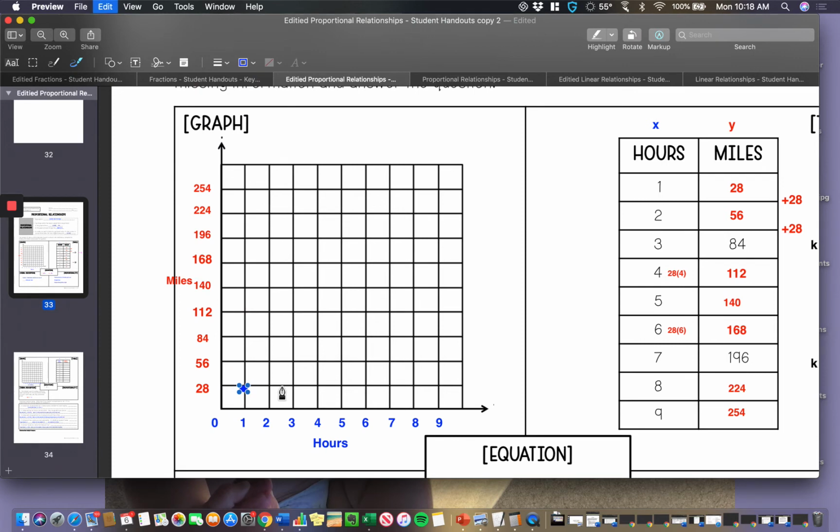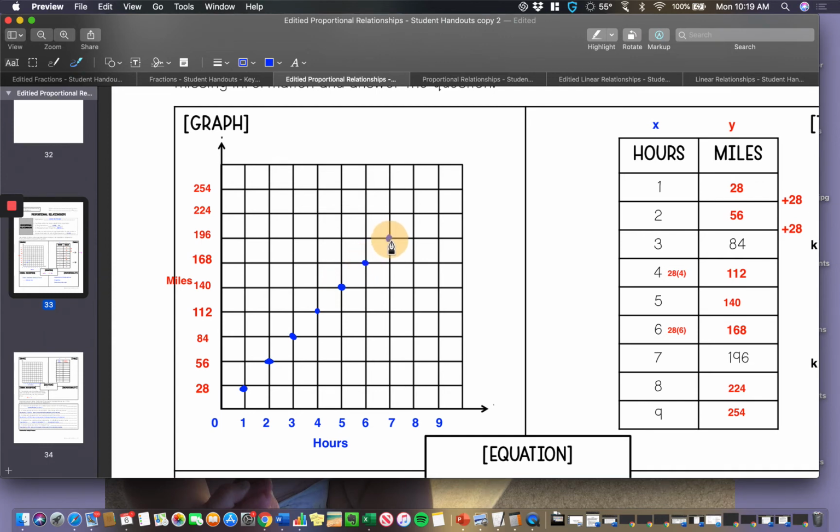And every 2 hours he goes 56. Three hours was 84. 4 hours was 112 miles. 5 hours was 140. 6 hours was 168.